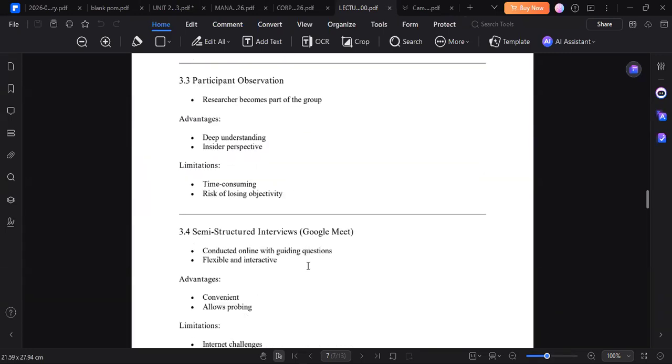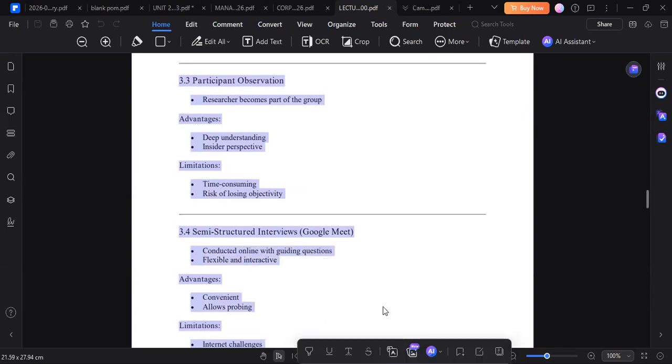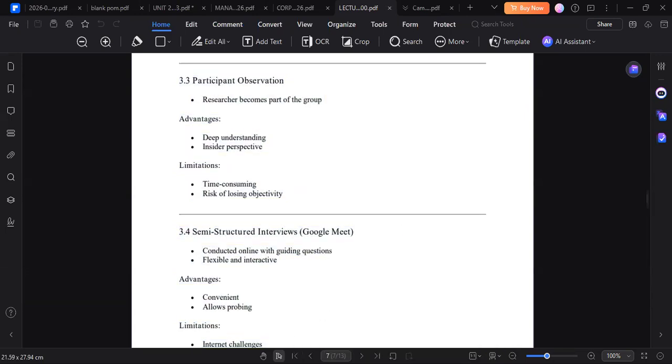There's what we call participant observation, where the researcher becomes part of the group. Okay? There's disguised and undisguised, so you act, you become part of the group. So what happens there? There are advantages and disadvantages that we have. What are the advantages of participant observation?